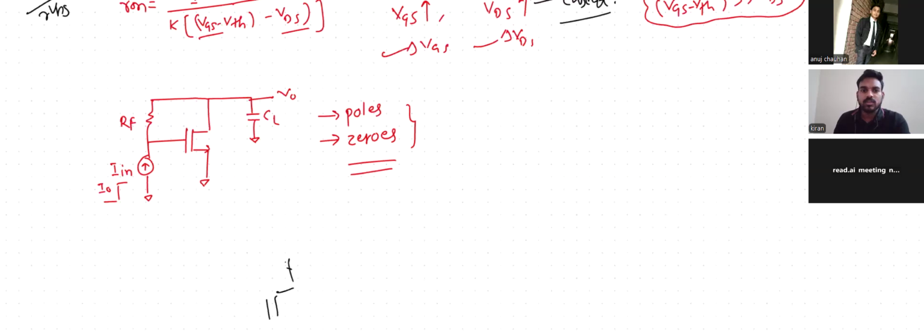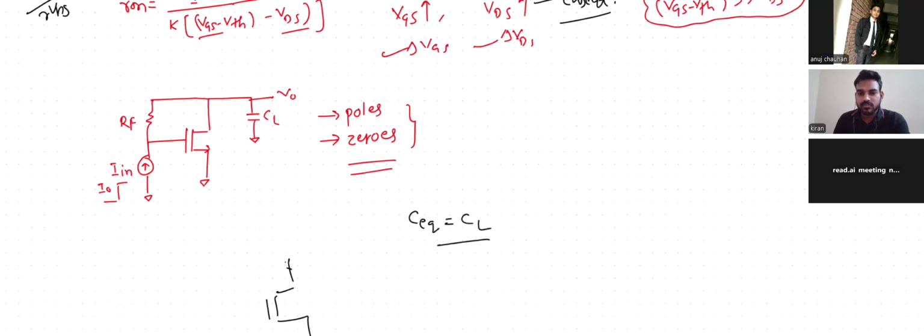For the pole, I can say C equivalent will be CL.